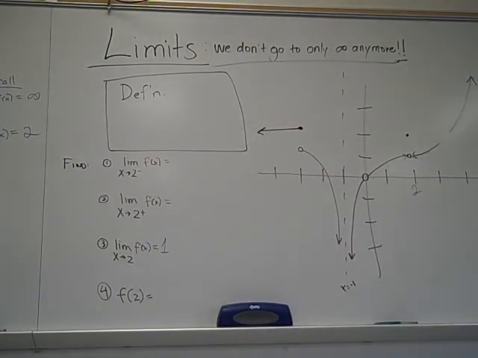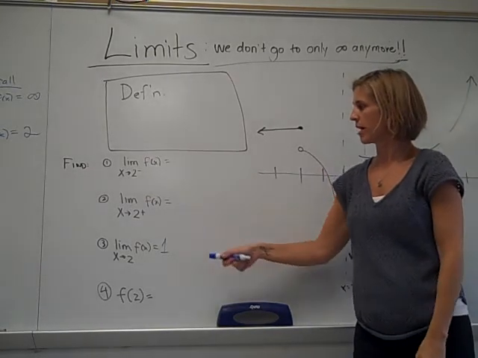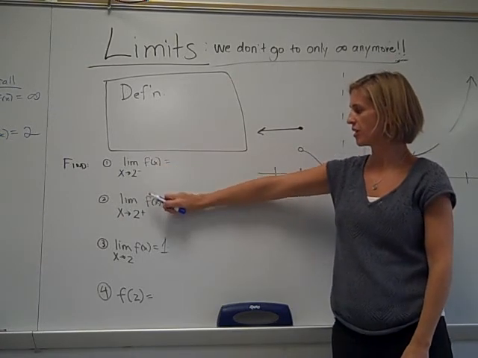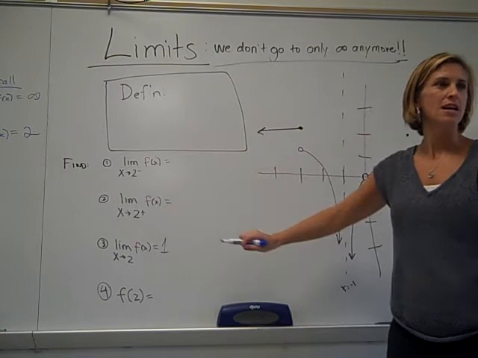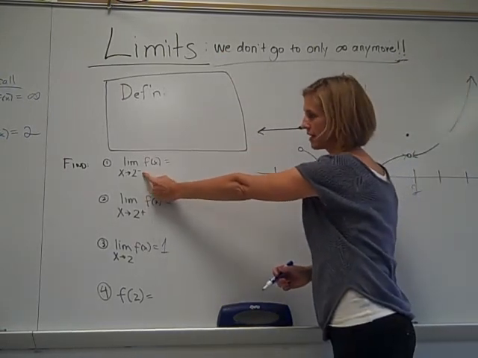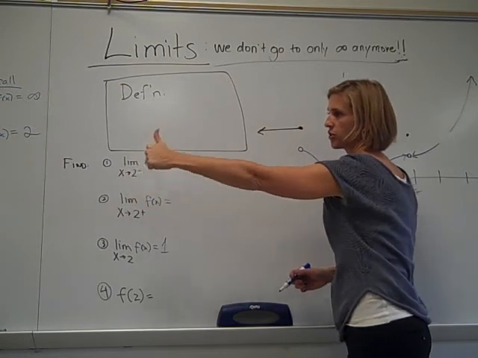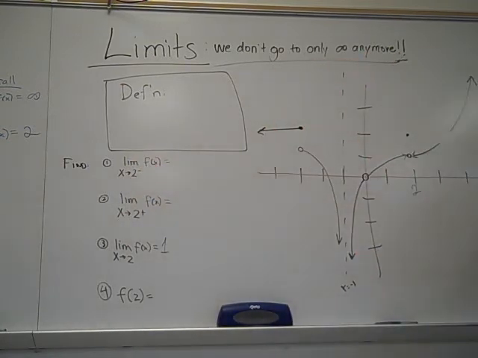It's basically, a limit is just asking you what y value am I getting close to as I approach a certain x value. But the key is, it has to approach that value from the left and from the right. And that's what this is about. This little minus and this little plus means from the left and from the right. This does not mean the 2 is negative. It means as x approaches 2 from the left, which means this way, from the left.